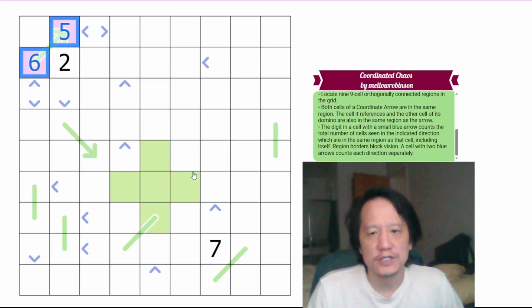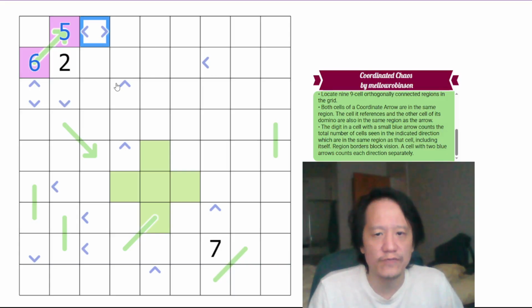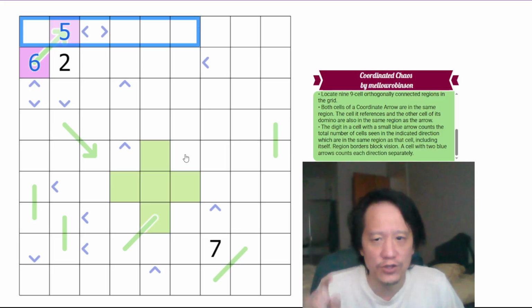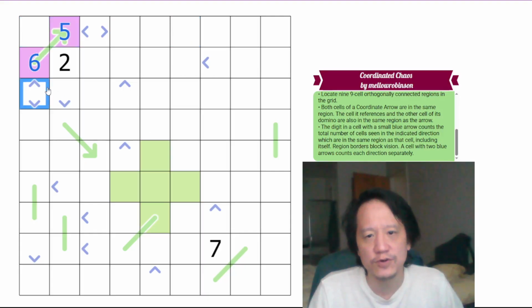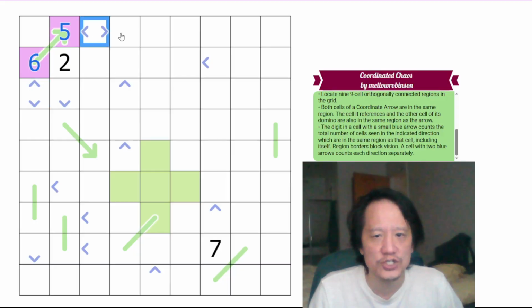The digit in the cell with the small blue arrow counts the total number of cells seen in the indicated direction which are in the same region as that cell, including itself. So it includes itself. A cell with 2 blue arrows counts each direction separately.